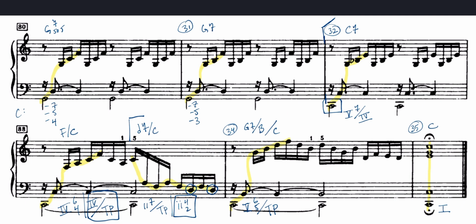Remembering, again, I know that it's a lot of speaking, but remember that in measure 33, that F major chord over tonic pedal is behaving like a secondary tonic. Here's the 2-4-2 over tonic pedal, or really just 2-4-2 in third inversion, and then continuing with the tonic pedal in measure 34, our G7 over B over tonic pedal.